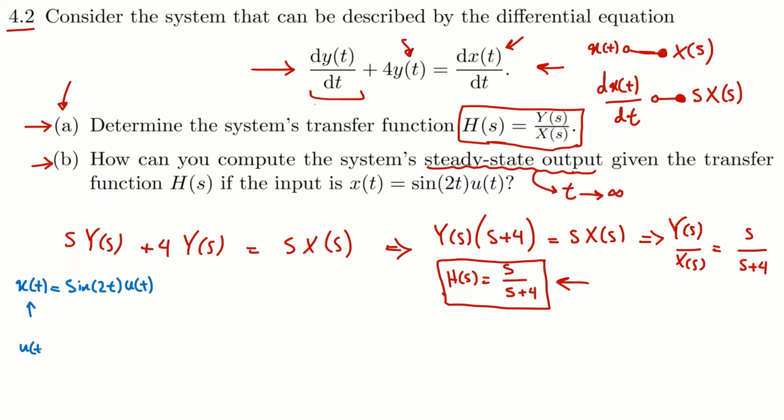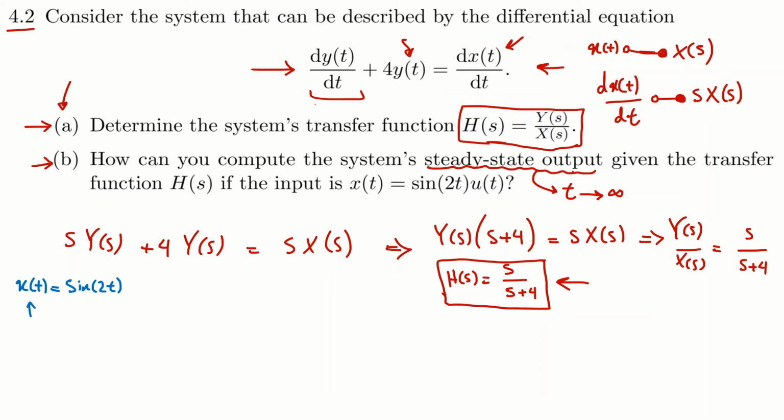Well, we know u(t) equals either 1 or 0. It is 1 if t is larger than or equal to 0, and it is 0 if t is smaller than 0. Since we're considering the signal at steady state when t goes to infinity, u(t) equals 1 and never equals 0. So let me replace u(t) by 1. Then we would have x(t) equals sine of 2t.